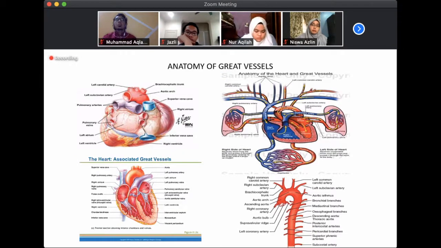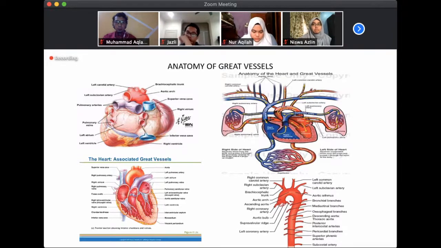Most of them are asymptomatic. Okay. However, sometimes they can get heart failure, depending on where the pulmonary vein is inserted. Okay. In TAPVD, all the 4 do not enter the left atrium.